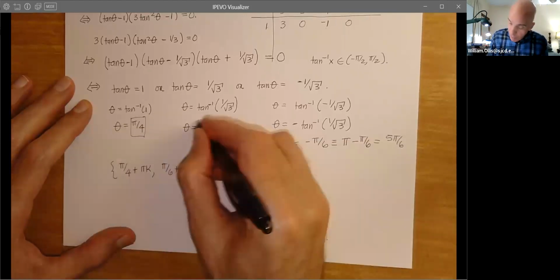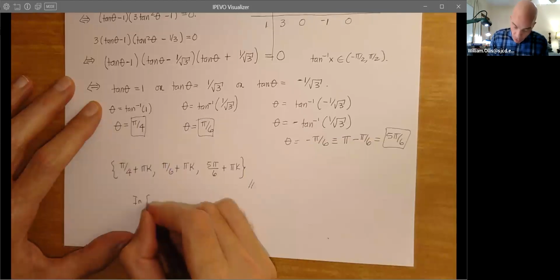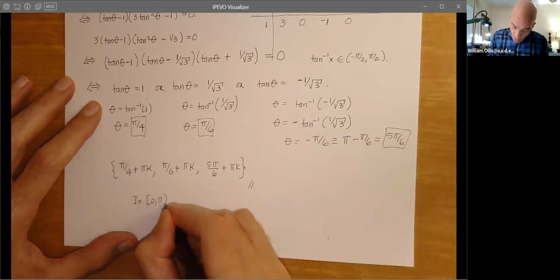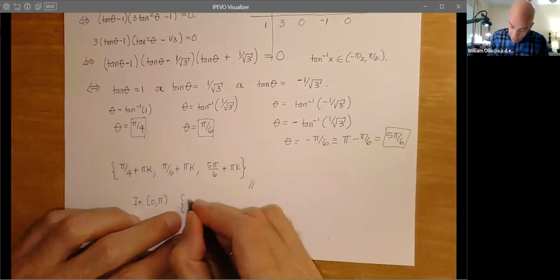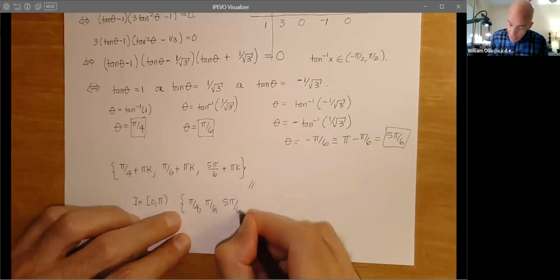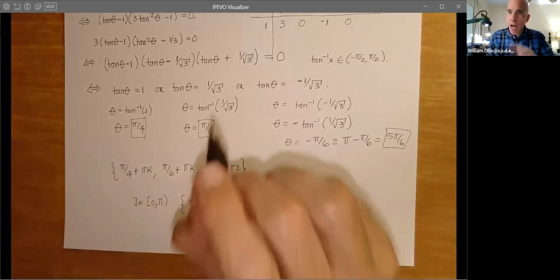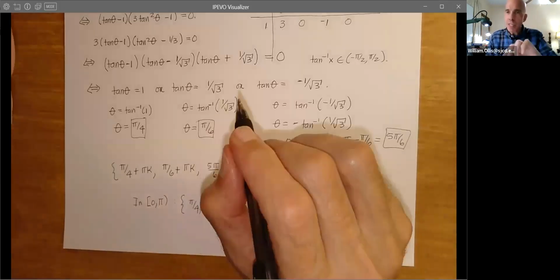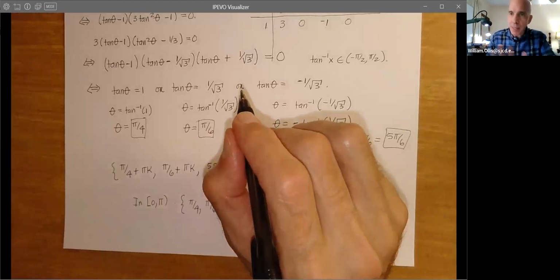So that would be like the previous problem. So if we wanted, we can say in 0 to pi, we have, just listing, pi over 4, pi over 6, and 5 pi over 6. Now, of course, if they ask you to list it in the multiple arguments, if they ask you to list them, just get common denominators and start writing them out until you get to a number that's bigger than, say, pi or 2 pi, and then you stop.